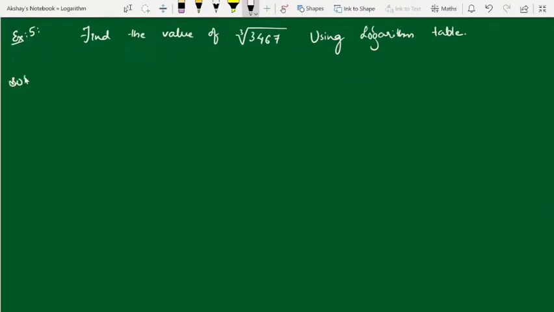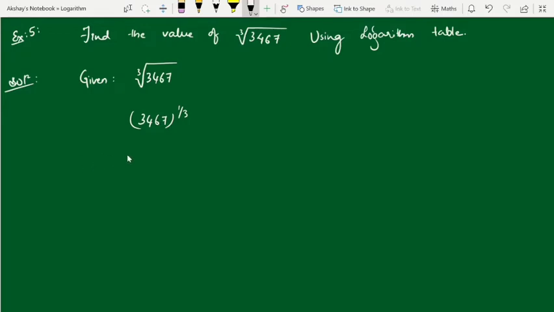So let's start the solution. Cube root of 3467 can be written as 3467 whole power 1 by 3.